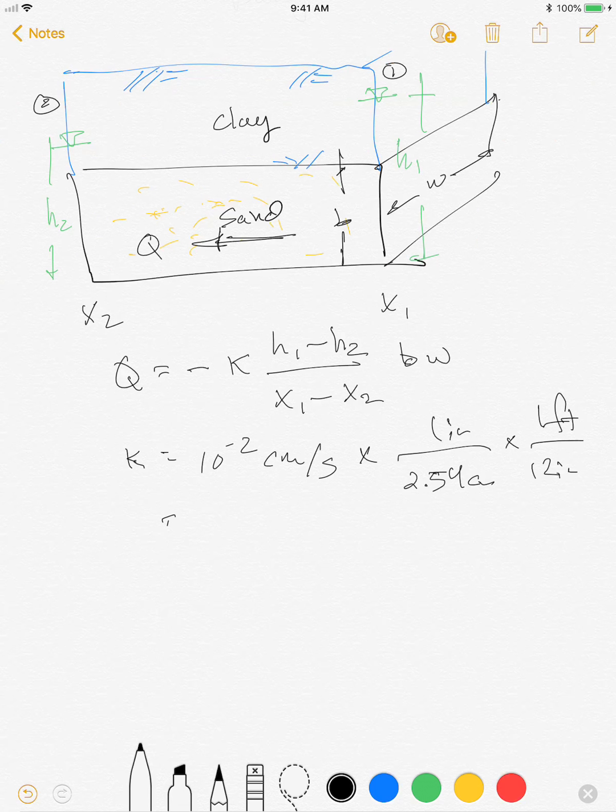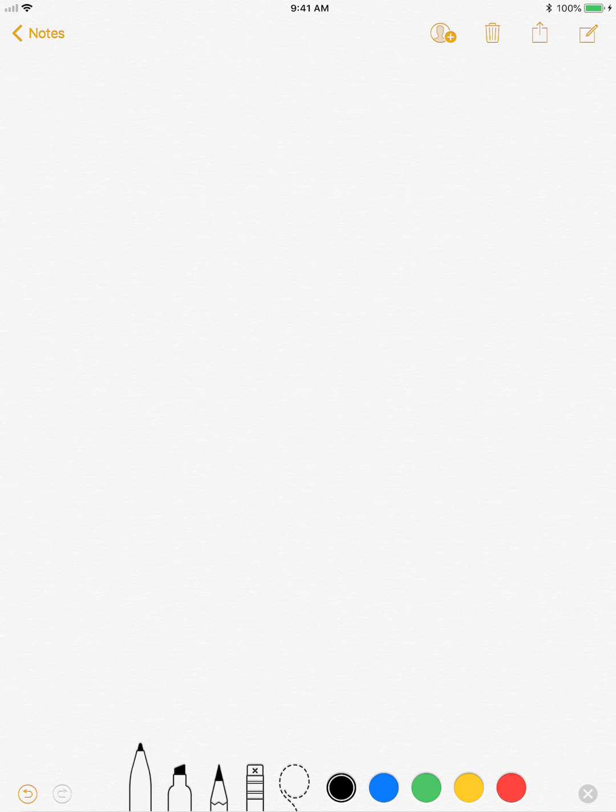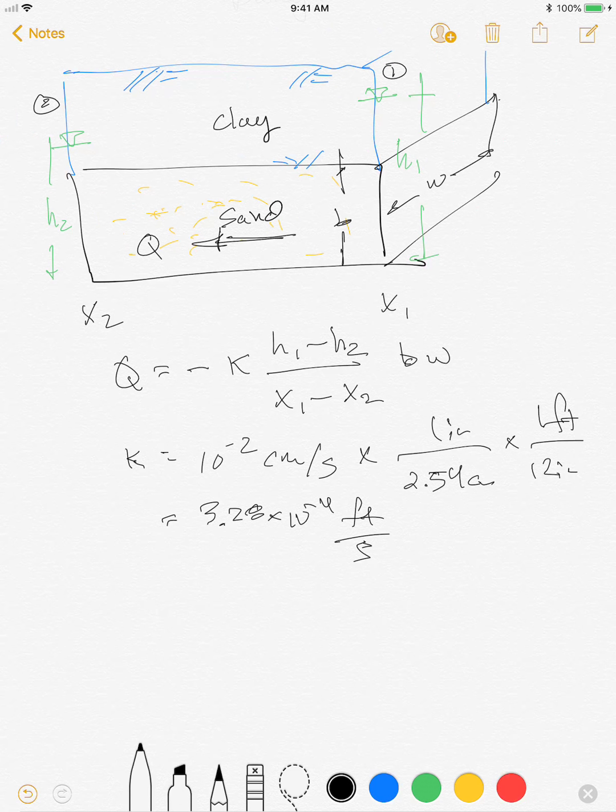And you can go online and do the conversions, but I've managed to memorize those, and maybe you have as well. And so it's an easy conversion. You do the math on this, and this is just 3.28 times 10 to the minus 4, and that's feet per second.